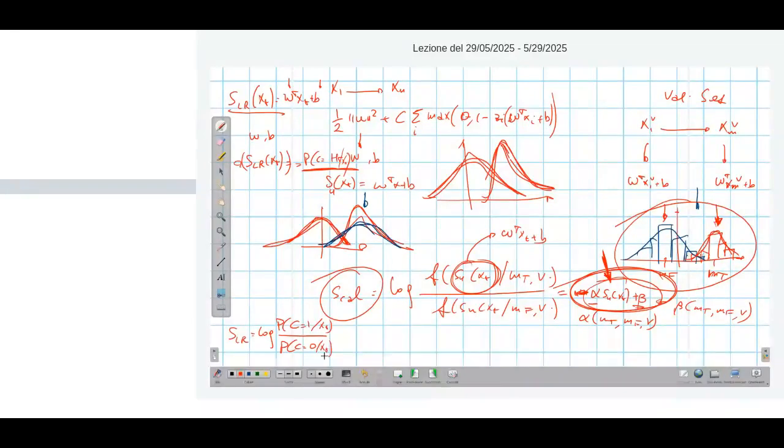Then, what did we say? If we want a model that does not produce a score that is interpreted as a class posterior ratio, but we want the same model, but with a score that represents a log likelihood ratio, what would we do? We said that the log likelihood ratio score contains the models, the distribution, the prior probability of the training set.